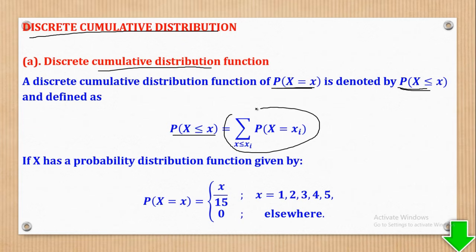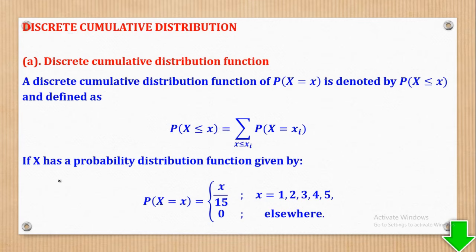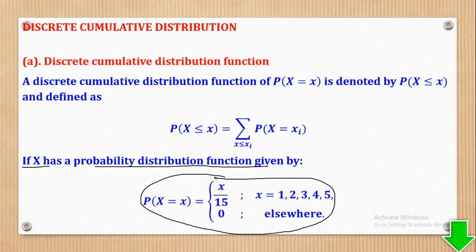So you keep on adding, just like we used to get cumulative frequency under elementary statistics. You keep on adding the frequencies. Now also here, to get cumulative PDF, you keep on adding the probabilities. Therefore, if x has a probability distribution function given by this, we can easily get the CDF from these probabilities, as we shall see in the next slide.